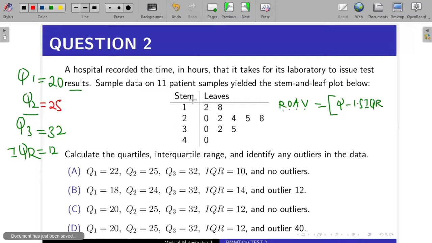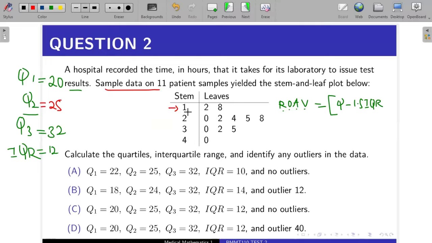In question 2, we've been given the stem and leaf plot for this sample data on 11 patients that records the time in hours that the laboratory takes to issue out test results. This part here is the stem, and these are the leaves. The stem means the first part of the number.